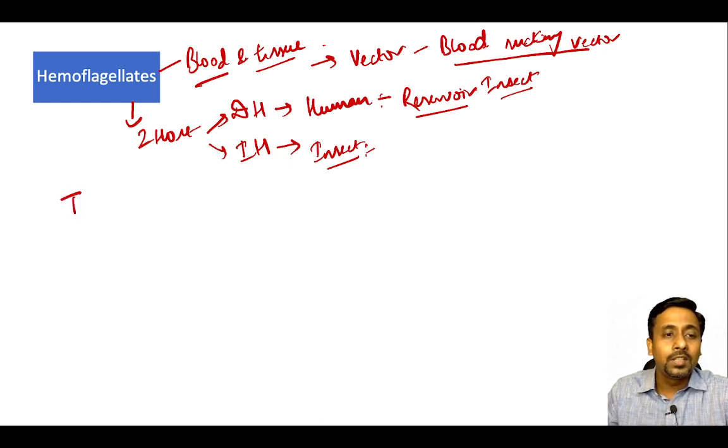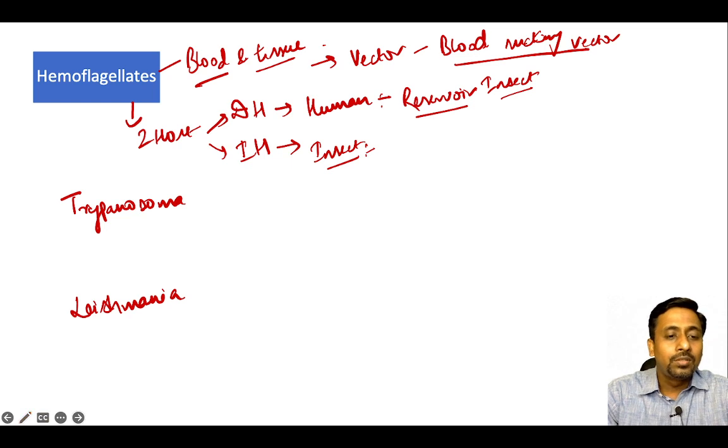If you remember, there are two main genera of hemoflagellates which cause human disease. One is Trypanosoma and another is Leishmania.